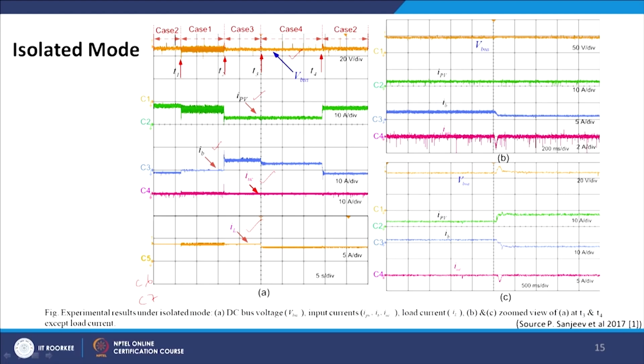So, in the previous case we considered T1 and T5, now we are talking about both T3 and T4. This area has been zoomed here, and this area has been zoomed here. We can clearly see, especially if you focus on the battery, the PV is not varying much, whereas the battery drops down.